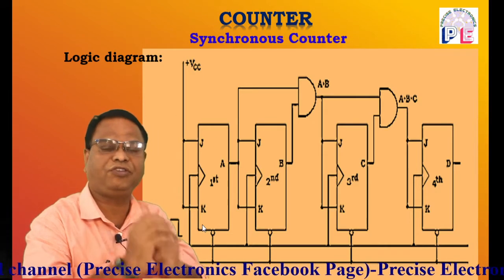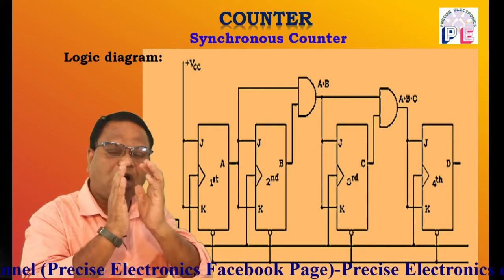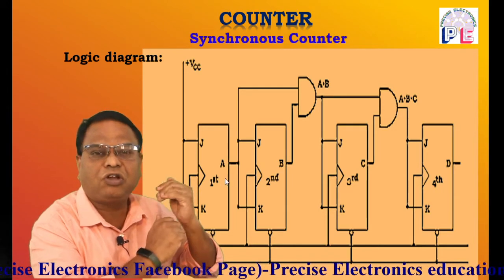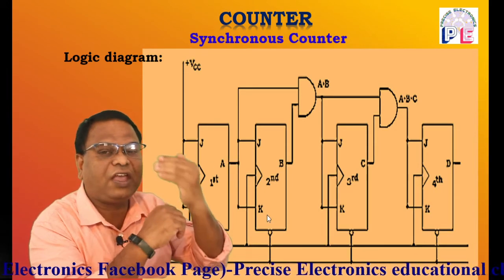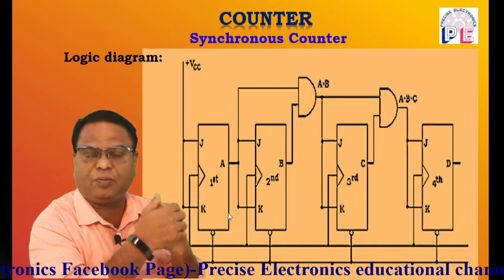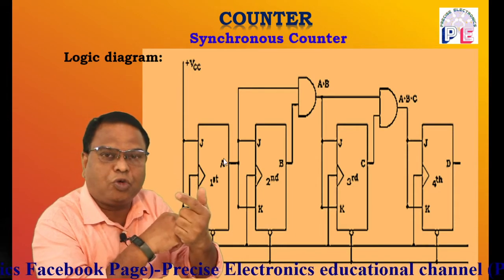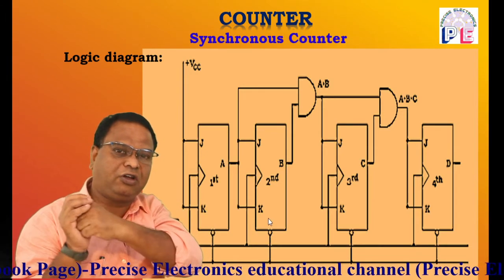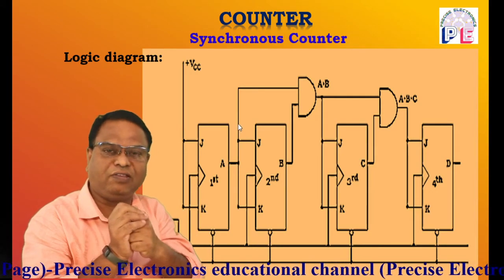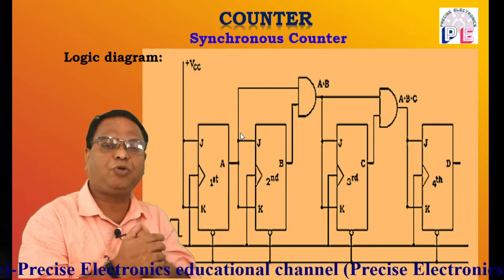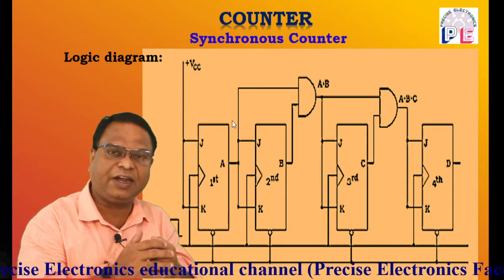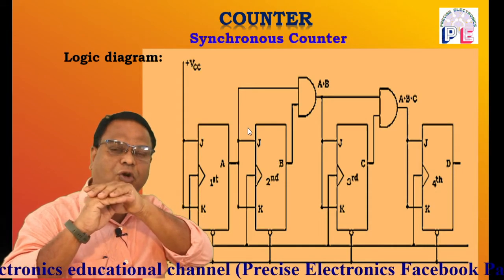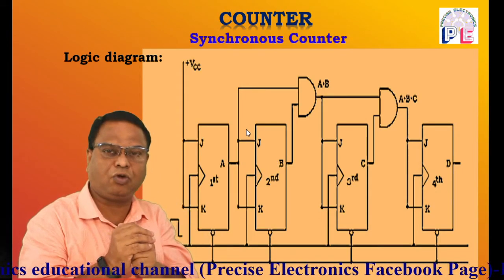The output of the first flip-flop, that is A, drives the J and K inputs of the second flip-flop. The clock input of the second flip-flop is also connected to the clock input, that is the clock frequency. But J and K inputs of the second flip-flop are short-circuited and connected to the output of the first flip-flop.